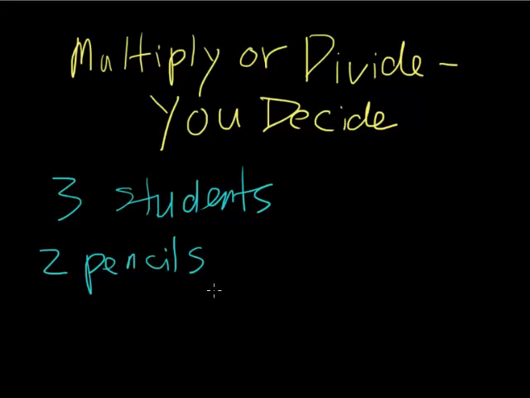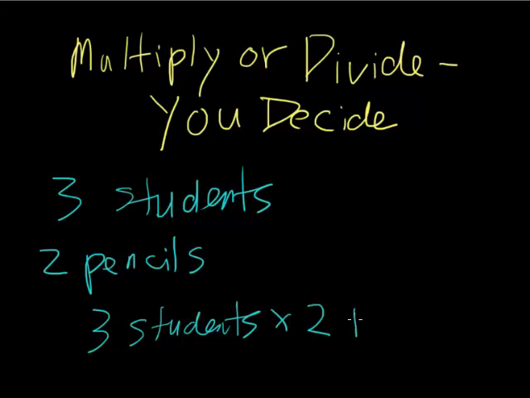We don't know until we ask the question. If we say, well, if there are 3 students and each has 2 pencils, how many pencils are there total? Then this would be a multiply problem because there are 3 students times 2 pencils per student.